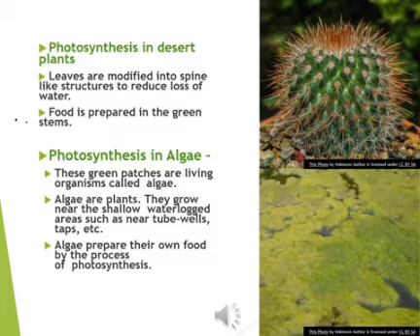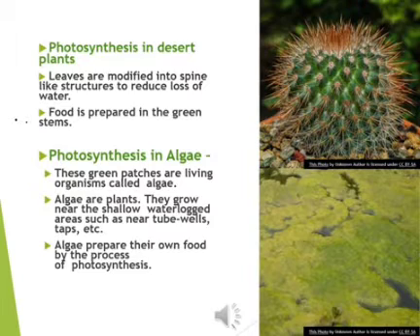Now in the desert plants, the leaves are modified into spine-like structures that prevent loss of water. Now look at the first picture on your slide, which shows those spine-like structures. Those spine-like structures which you can see there are actually the leaves.